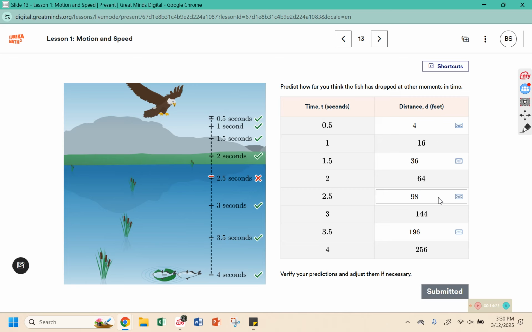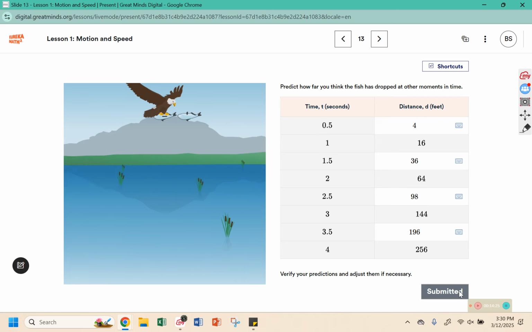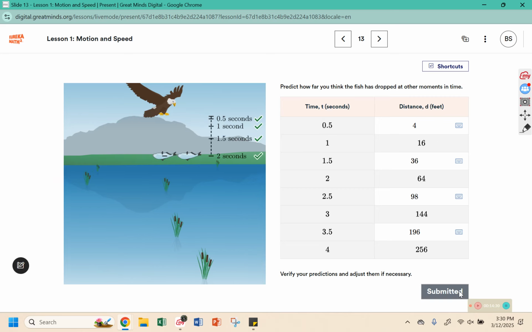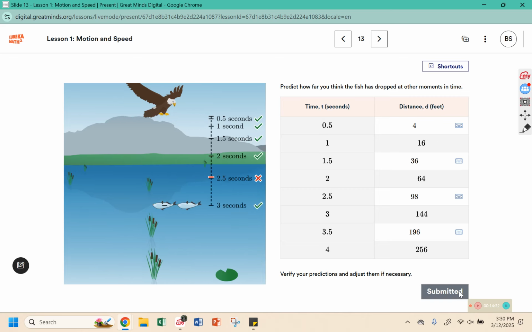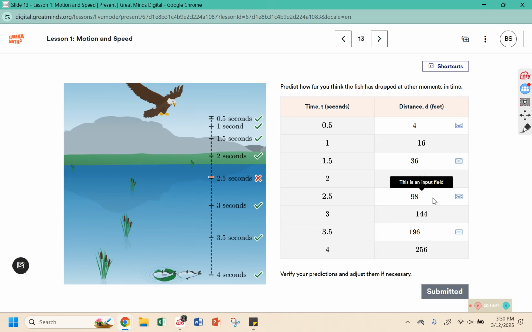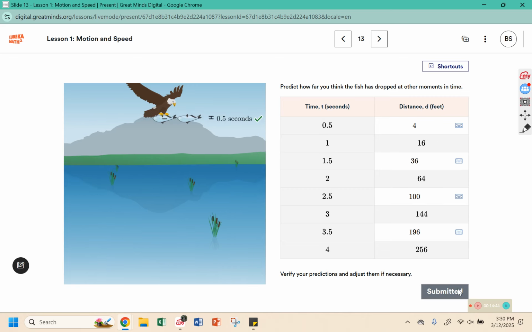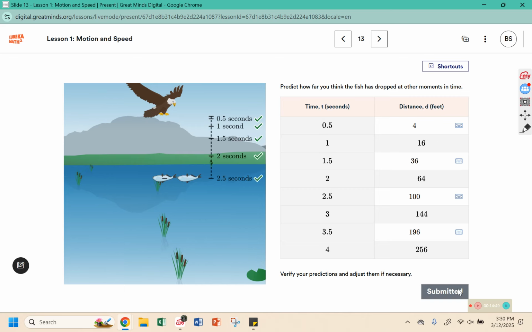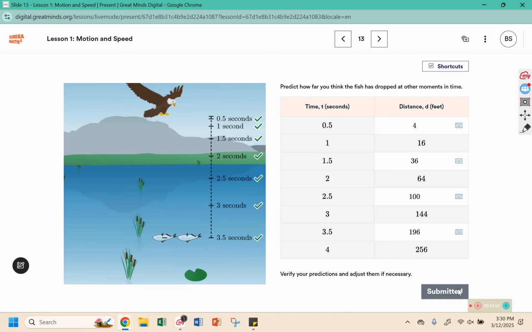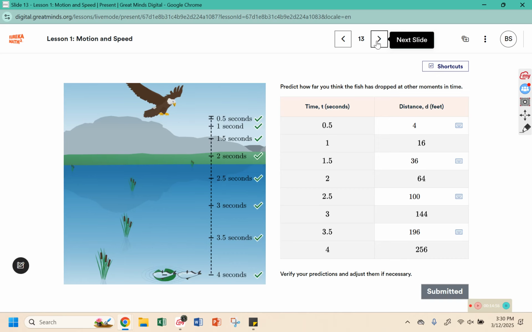Let's try 98. Maybe 100. So now I have check marks all the way through.